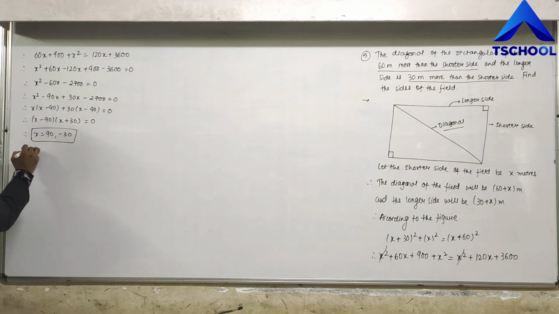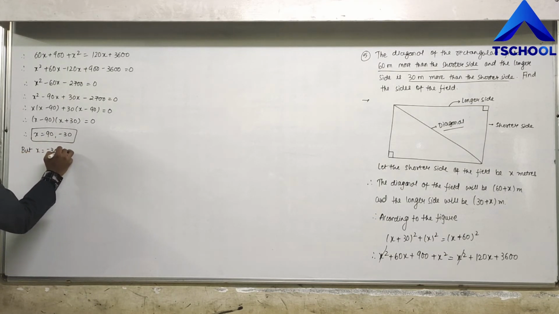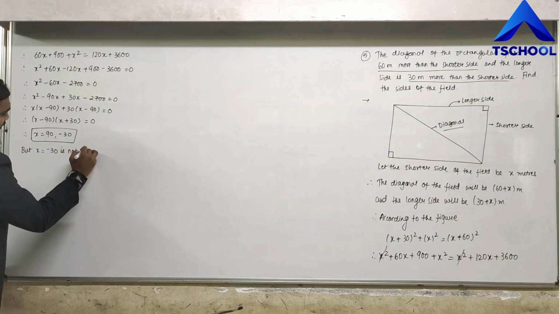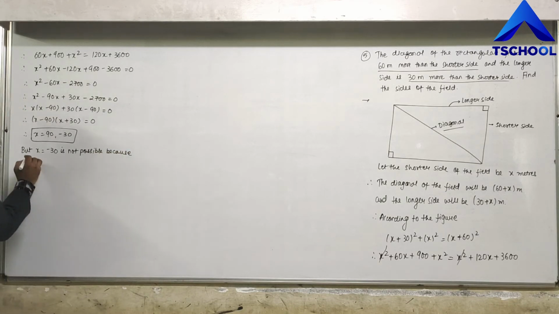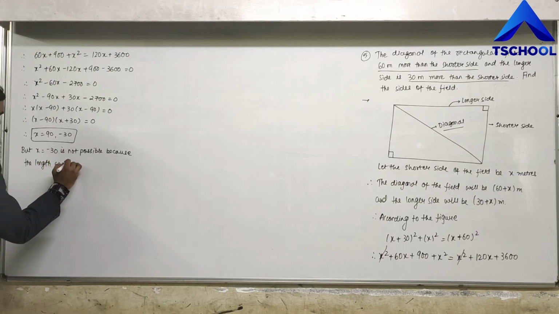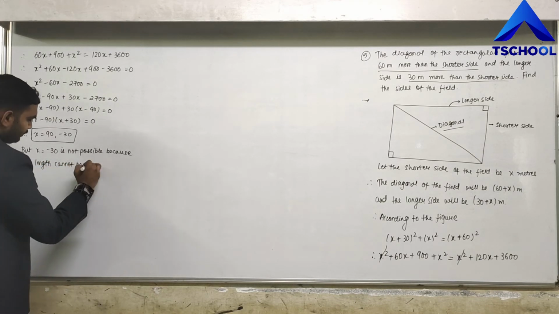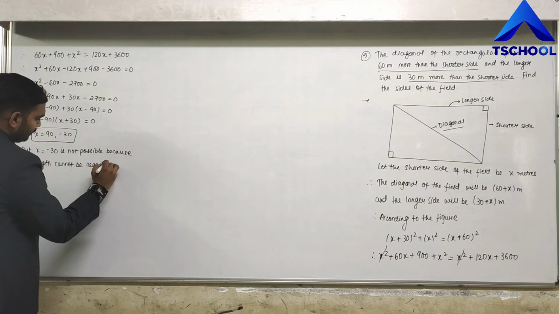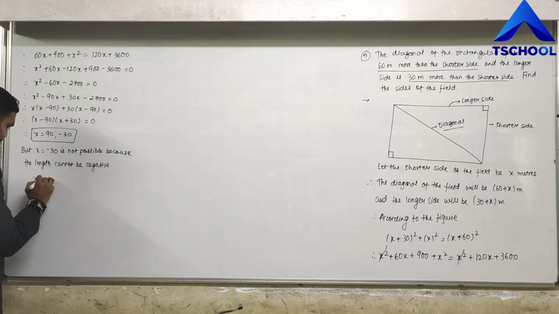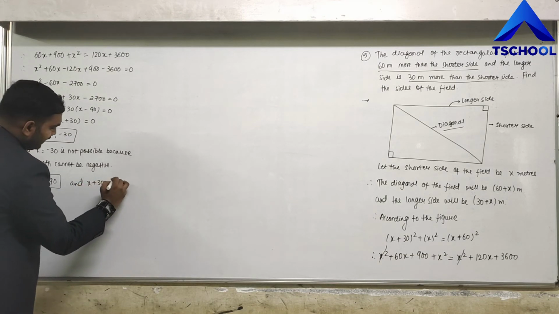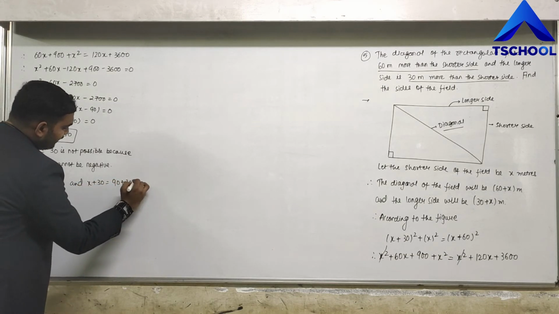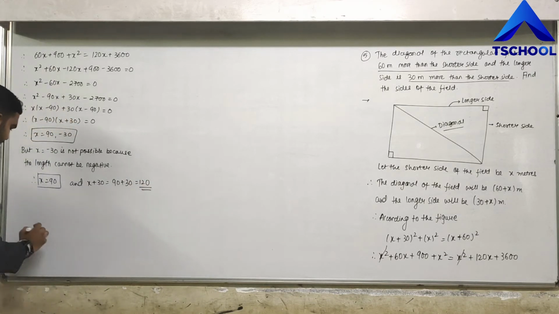But x equals minus 30 is not possible because the length cannot be negative. Therefore x is equal to 90 and x plus 30, that is 90 plus 30, and hence that is 120.